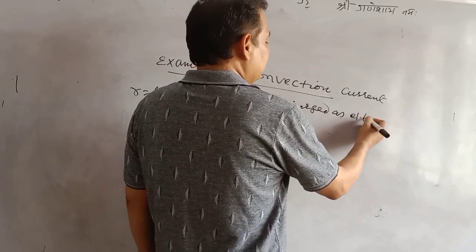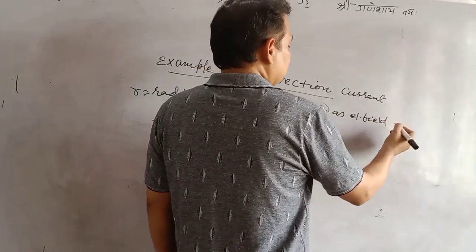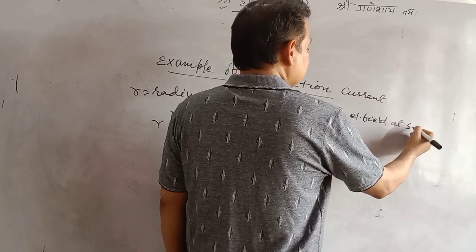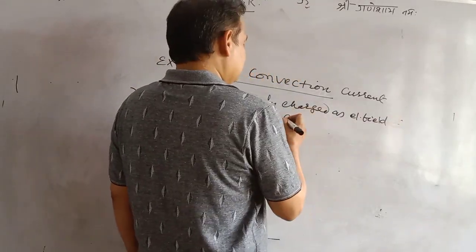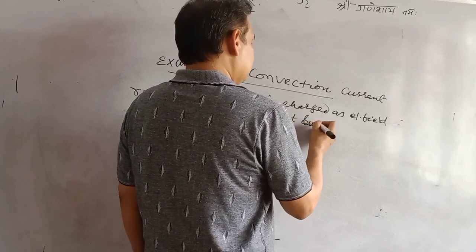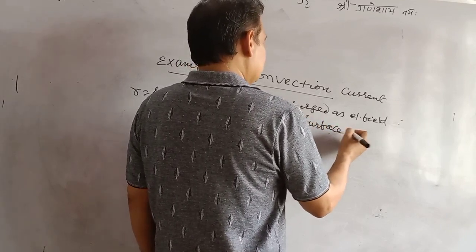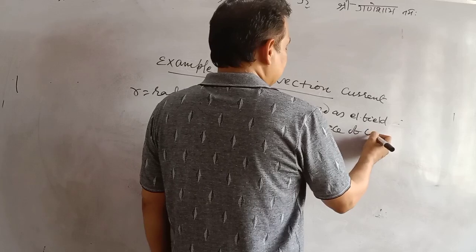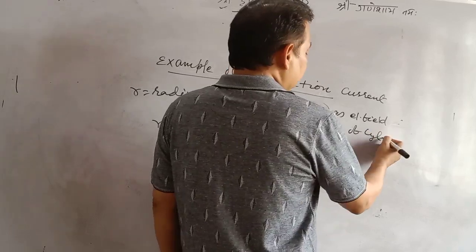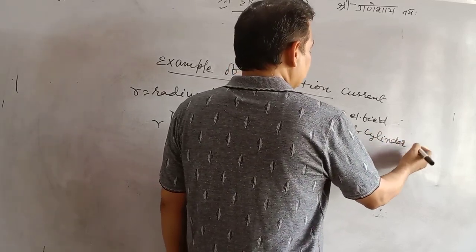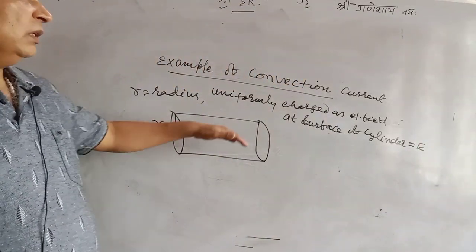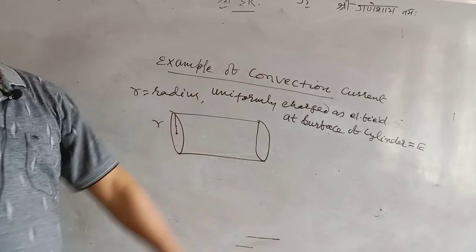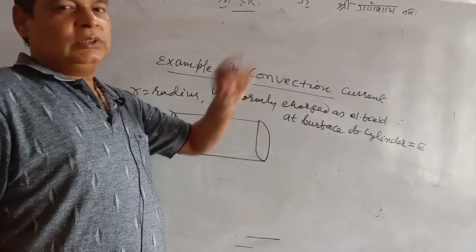as electric field at surface of cylinder is uniform, and that is E. It is charged up to E electric field at its surface, provided that electric field is uniform on the surface.